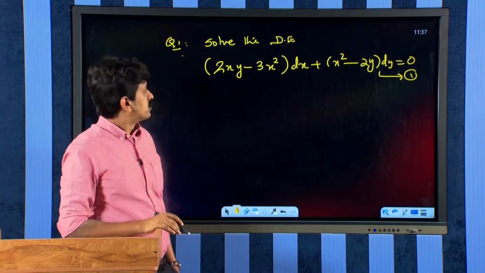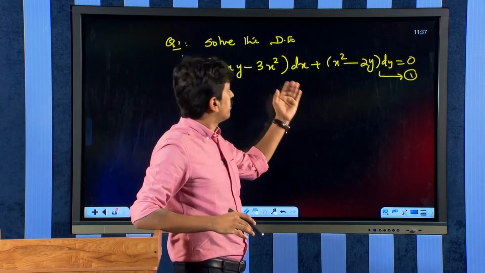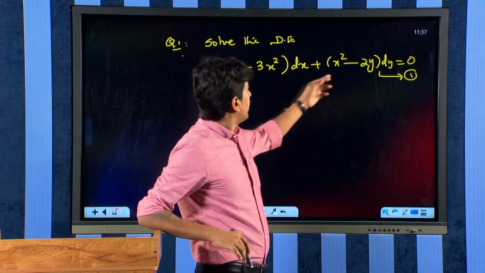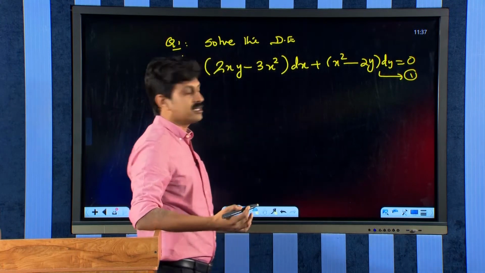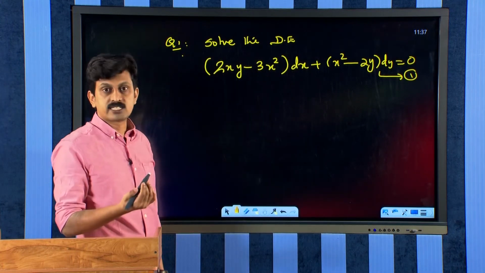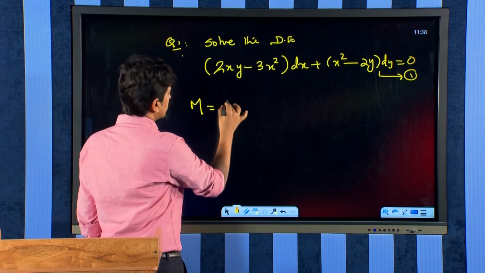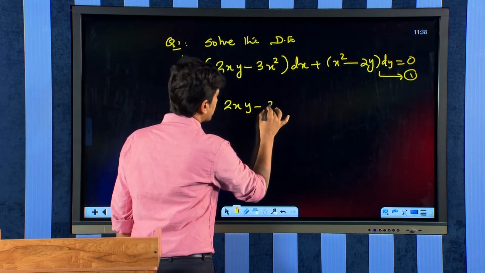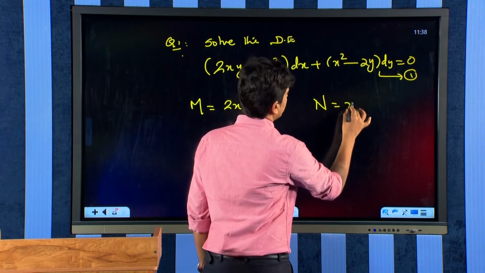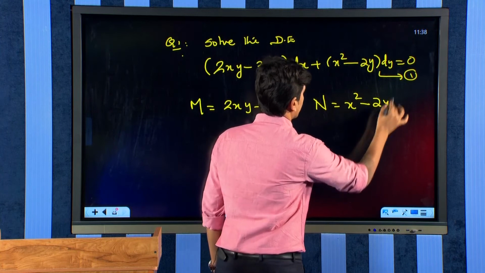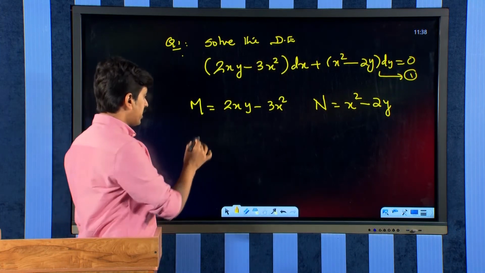This is a differential equation of the form M dx plus N dy equal to 0. So, we have to check whether this is exact or not. We have M is equal to 2xy minus 3x square, and similarly N is equal to x square minus 2y. We have to find dou M by dou y.